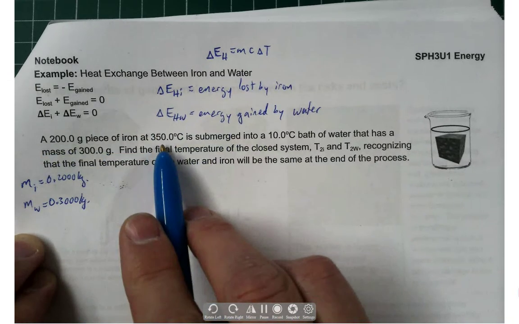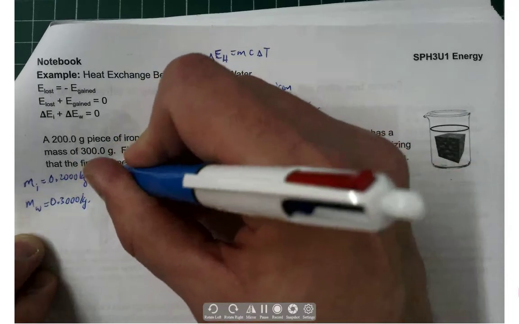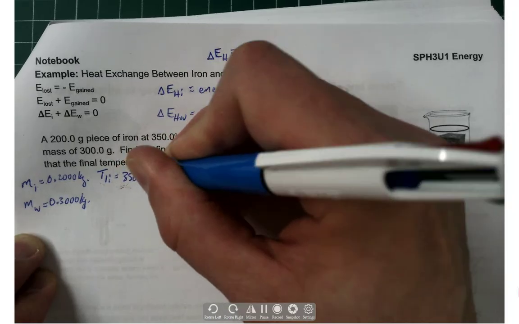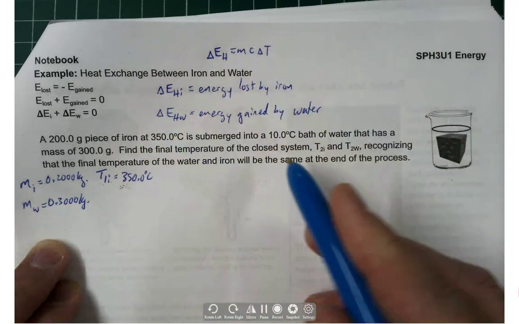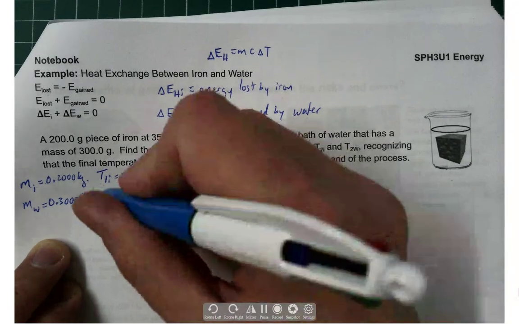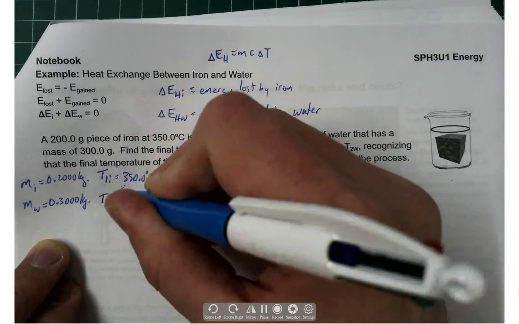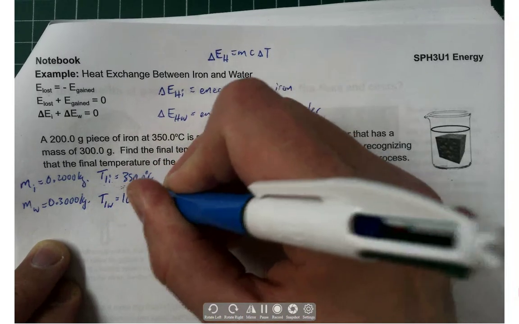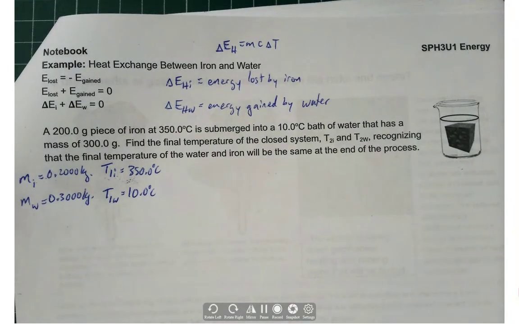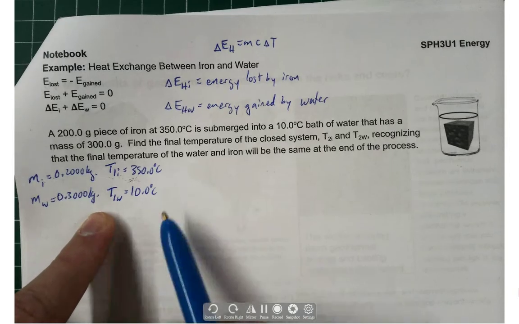It started off at 350 degrees Celsius, so T1 for the iron is 350.0 degrees Celsius. The water is 10 degrees Celsius. So cold water, colder than room temperature, if room temperature is around 23 degrees Celsius, or 20, somewhere in there.